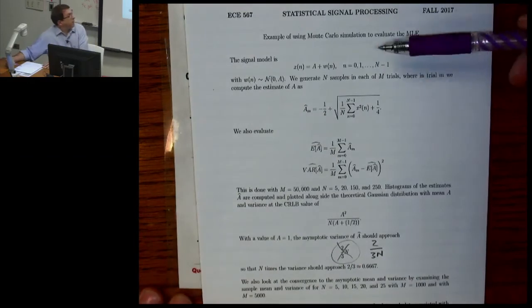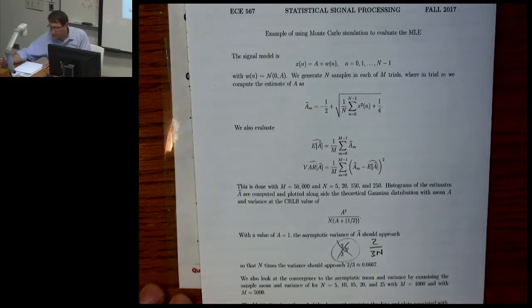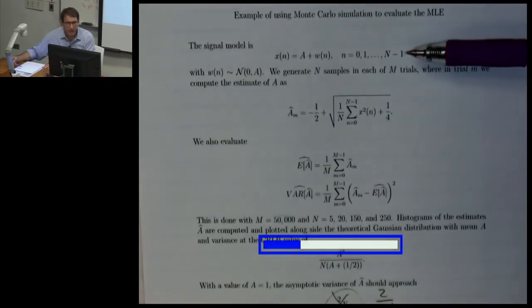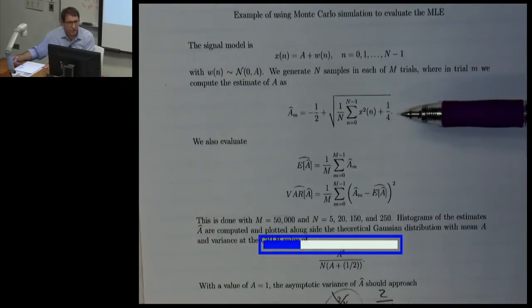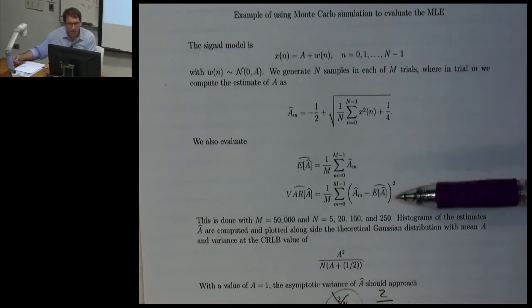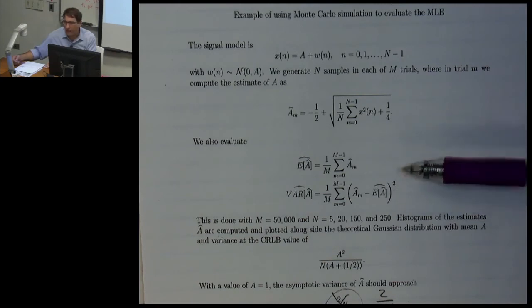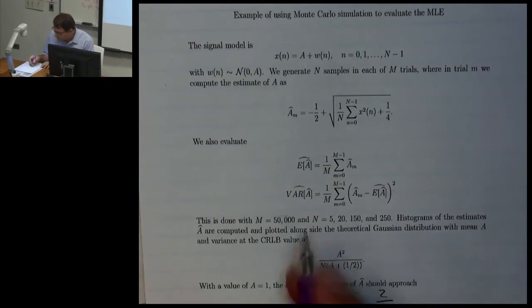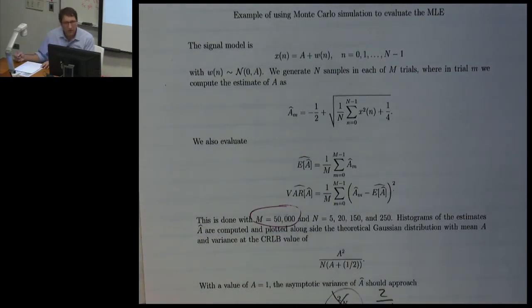So, like you said, we're going to generate these values of x randomly, right? This is our estimate of the value of a, that random variable a. Here are these expressions that we talked about for estimating the variance and so forth. I'm going to use 50,000 samples for each value of n.